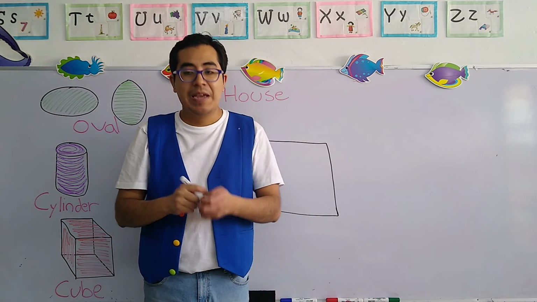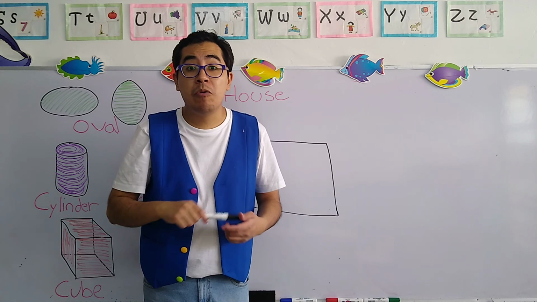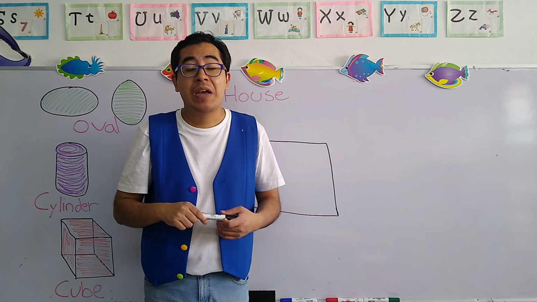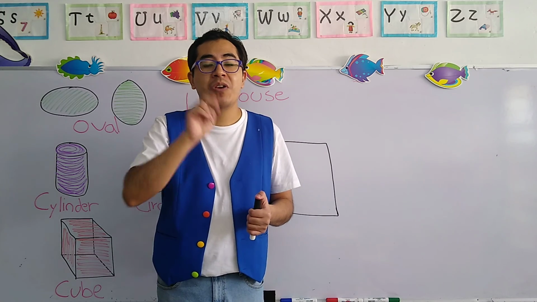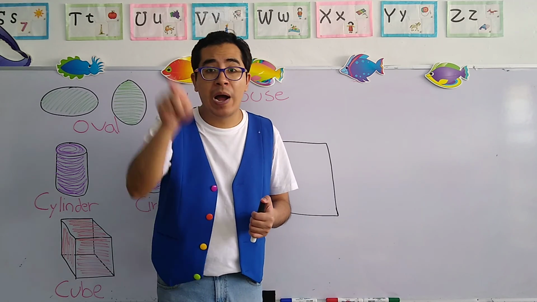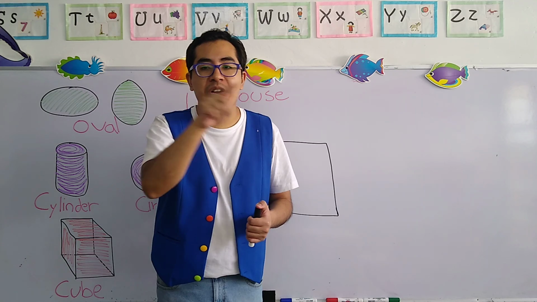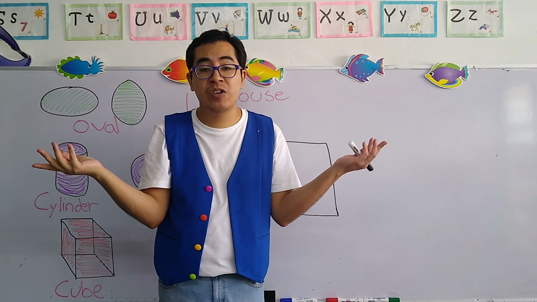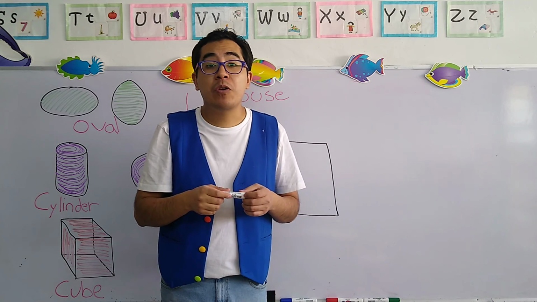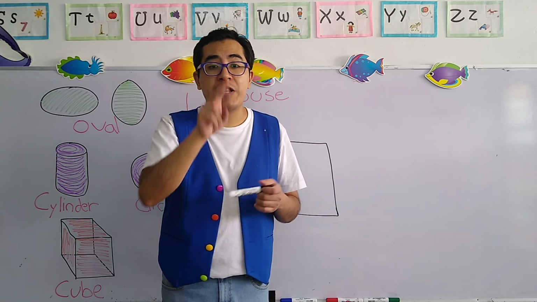What else? We need windows for the house. Now, for the windows, we can have two forms. We can have either ovals or squares. Now, what do you want to use? Do you want to use squares? Okay. Now, we're going to do 2 windows.